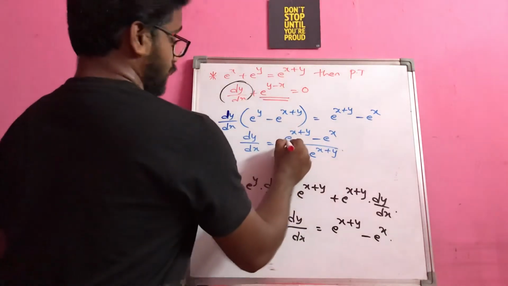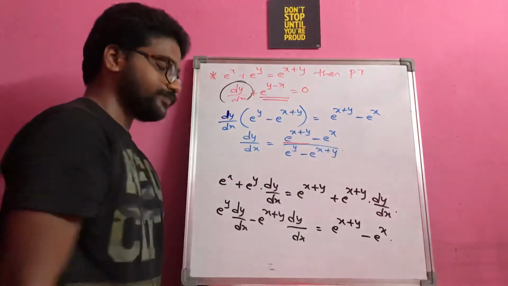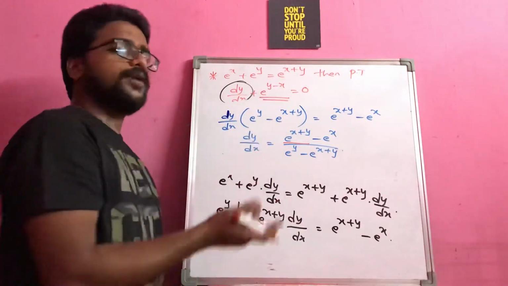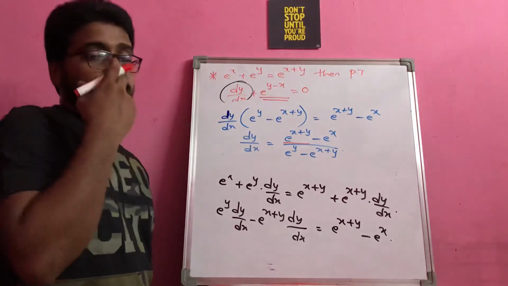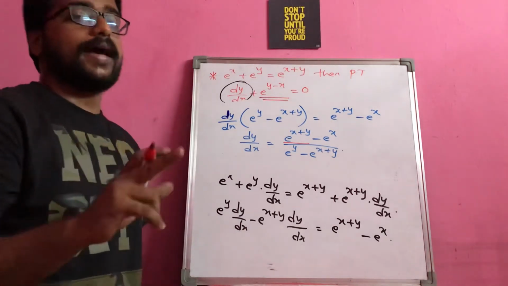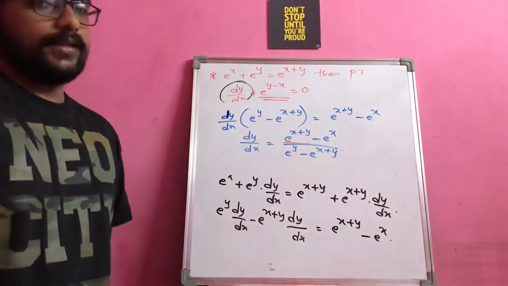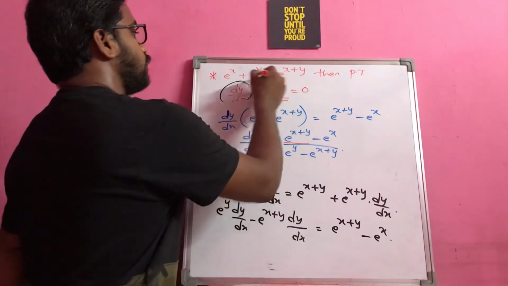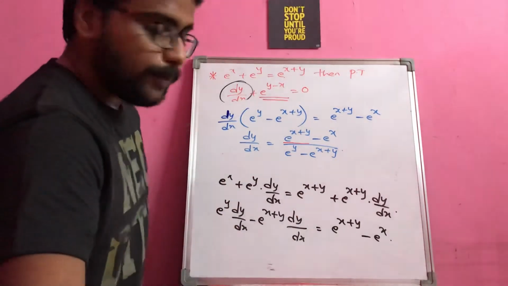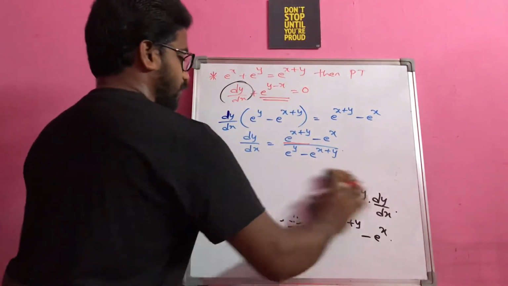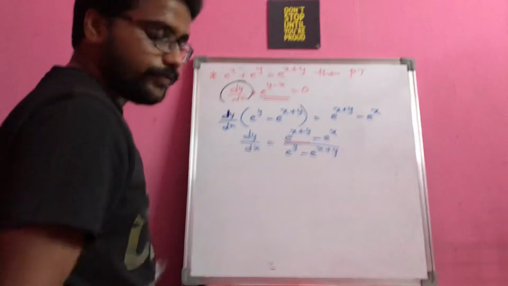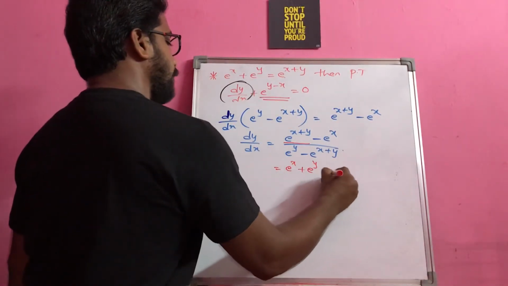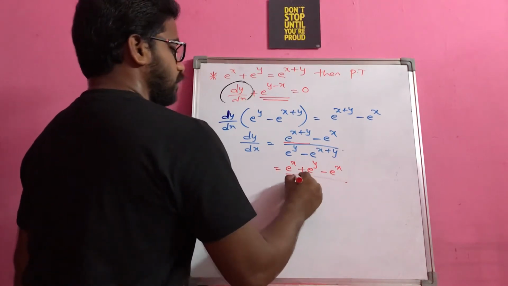Because you can just observe here e power x plus y. From the law of exponents we can use a power m into a power n. But the next thing that you have to identify is whether we have any use of writing in that way or not. So before writing for that, e power x plus y can be replaced with e power x into e power y. So now see, once I substitute e power x plus y with e power x into e power y, it will be like this.